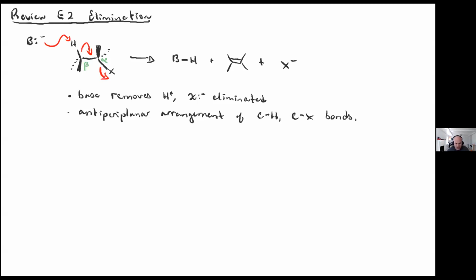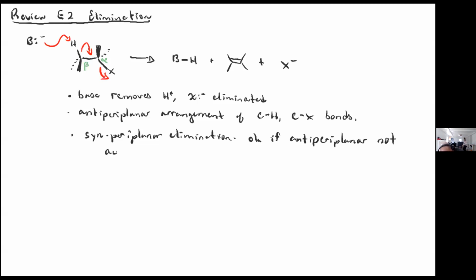If you can't obtain the anti-periplanar arrangement, you can do what we call a syn-periplanar elimination. A syn-periplanar elimination can occur.